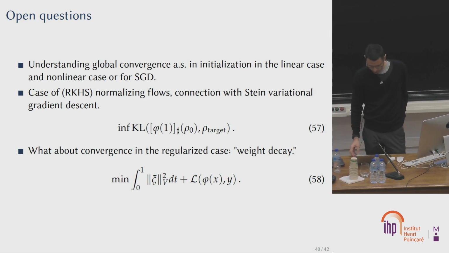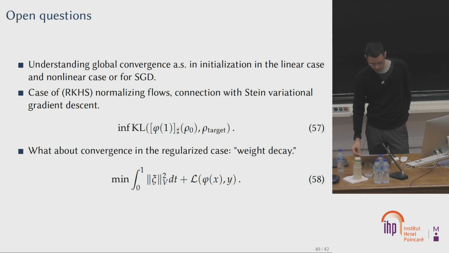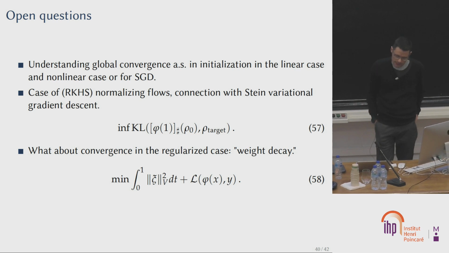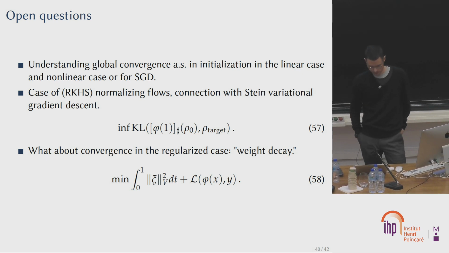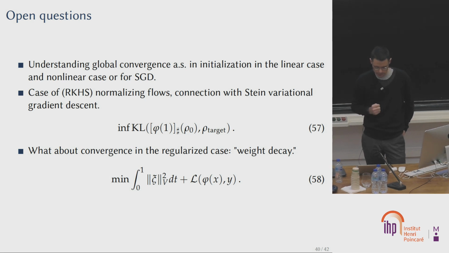There are open questions we are interested in, so if you have any insight on them, it would be nice to discuss. Even in the linear case, when instead of the group of diffeomorphisms I'm looking at just the linear group, we were not able to prove global, almost sure convergence in initialization.